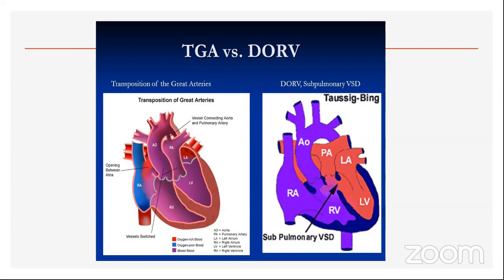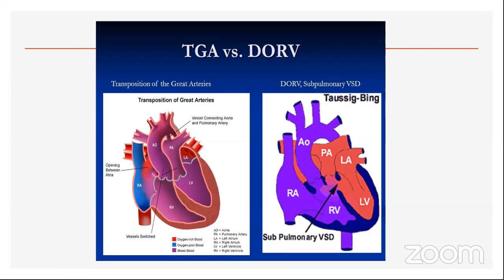Does that make real clinical significance? It does, although in physiology, presentation and management there are only some subtle differences.